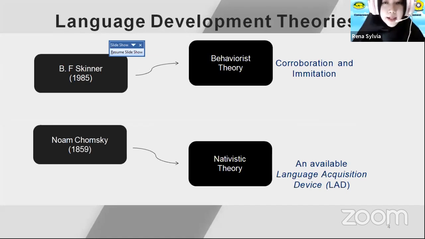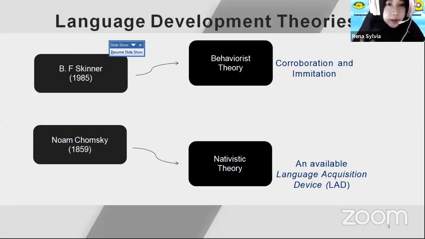Here, he explained that young learners learn and acquire language through conditioning in which collaboration and imitation take place. He believed that children are like an empty paper that still has nothing inside their brain, so the children need to imitate something to add to their empty paper.